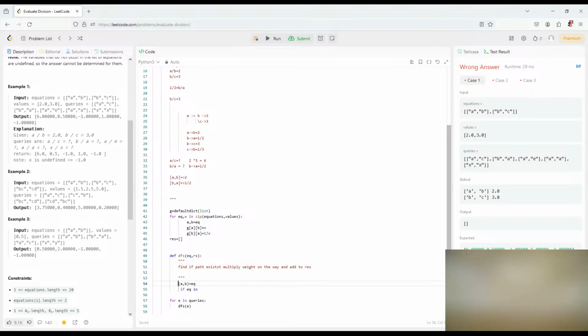So finding a path in this configuration, what will it be? So first we get all connections that start with B, right?